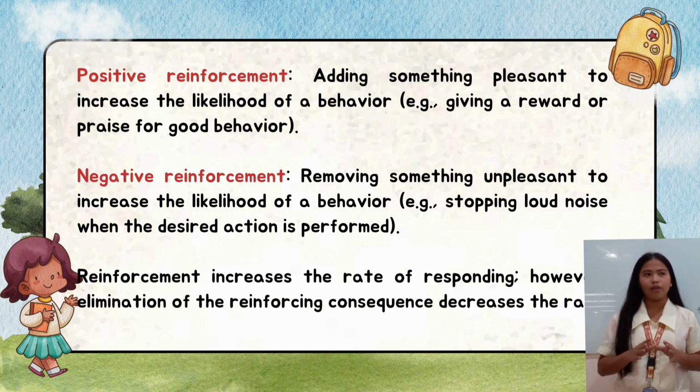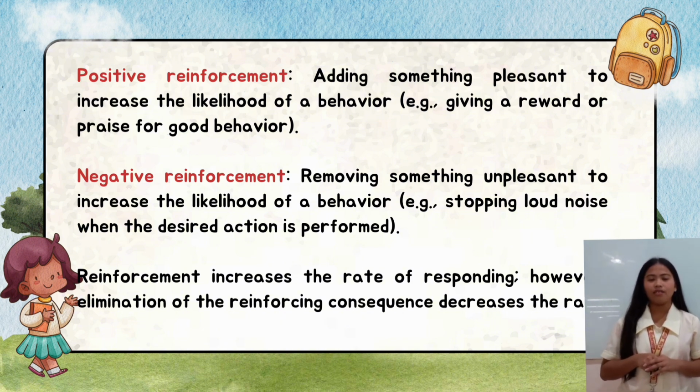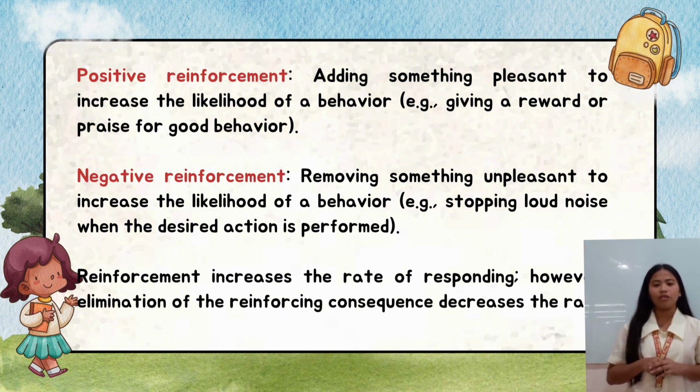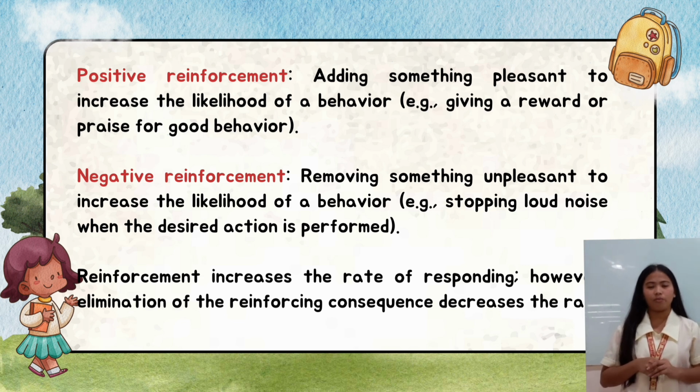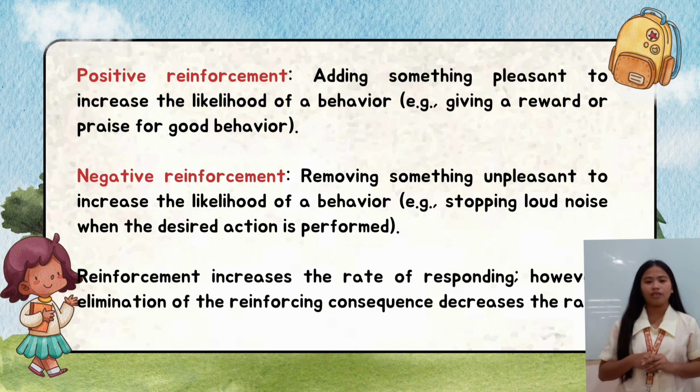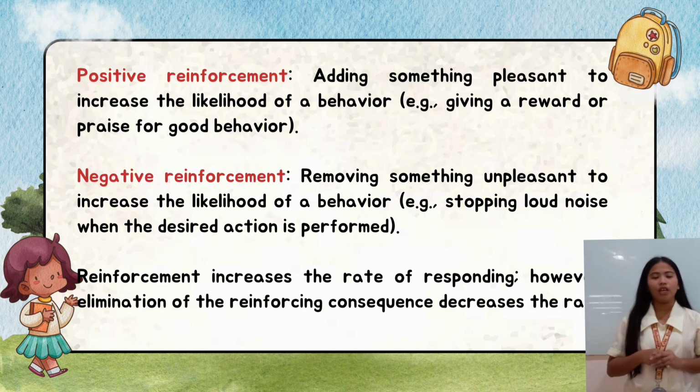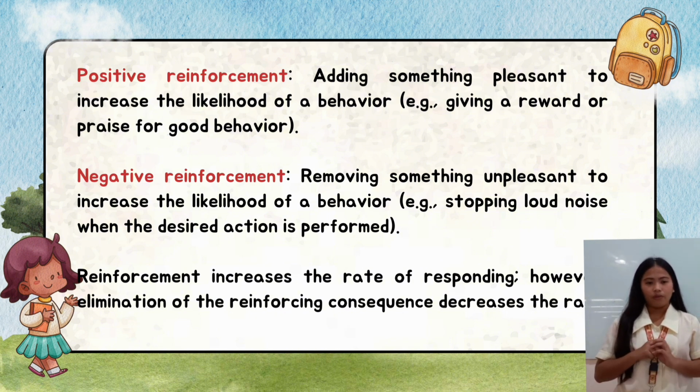Do you remember the food pellet and the food reward of the rat and the bird every time it performs a desired action? That is reinforcement, specifically positive reinforcement, because it adds something pleasant to increase the likelihood of the bird repeating the behavior.